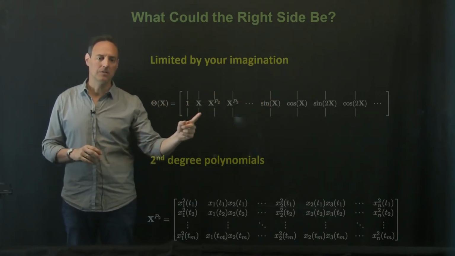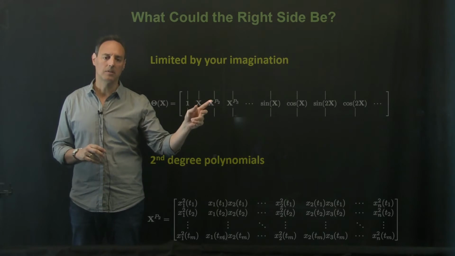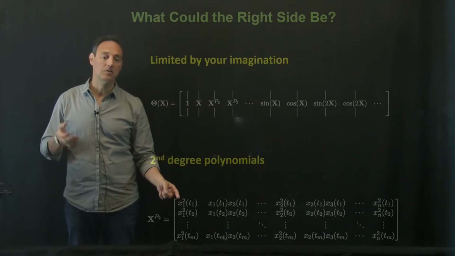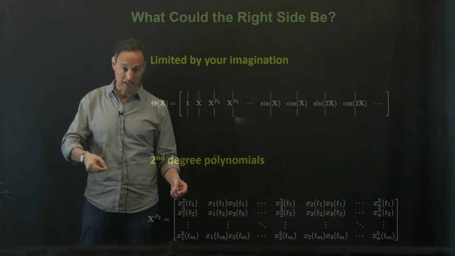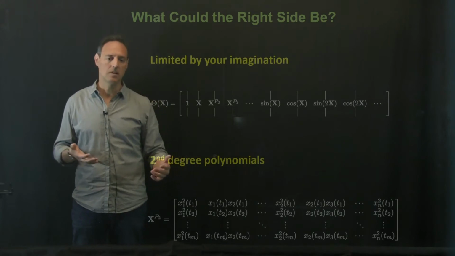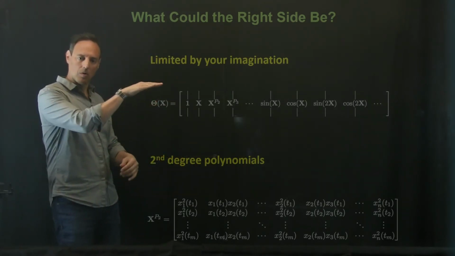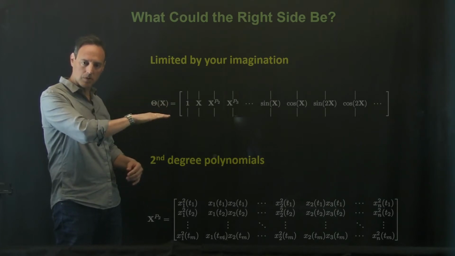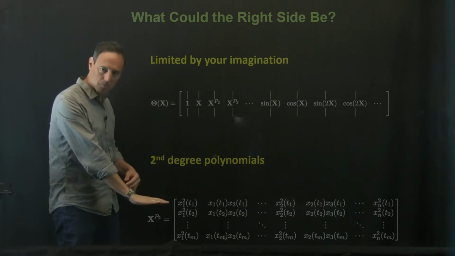Okay? And so, for instance, even this xp2, which is all the second-degree polynomials, would look something like this. So it's all the terms like, this is a state vector from x1 to xn, so it could be x1 squared, x1 x2, all the way up to xn squared. And each row of this matrix is time t1, t2, t3, t4, all my measurements in time.